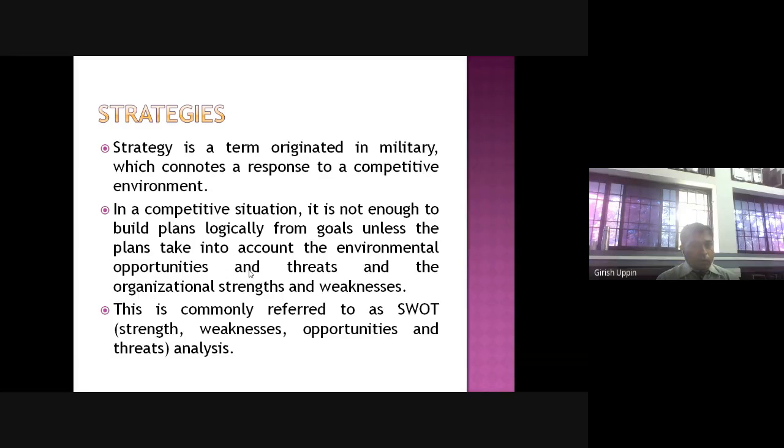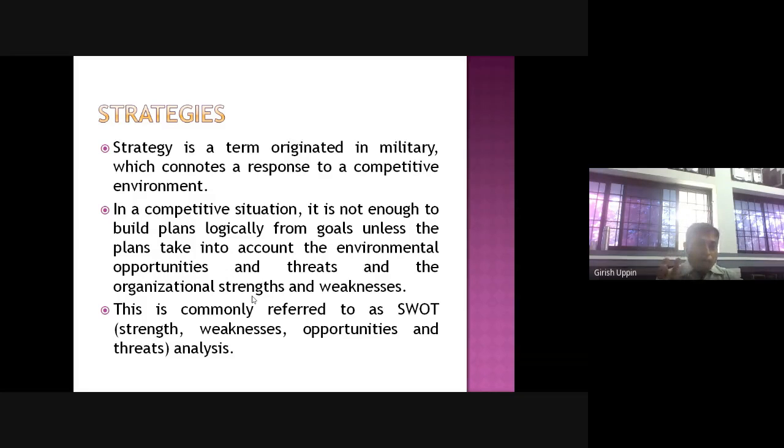The restaurants are closed. So when you are planning, it is not only what you want to do, it is also what opportunities and what threats the environment will give. That is one part. Environment is one part. The second part is the organization: what strengths we have and what weaknesses we have.